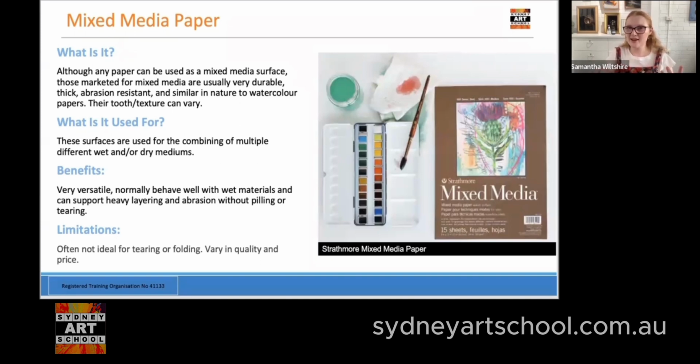The best way to discover which brands are your favorite and work best for your budget is, again, just calculating what you can afford to spend, going through that extensive budgeting process, and then some trial and error and experimentation, visiting the art shop. I prefer going and buying paper in person myself better than purchasing online, because I can really clearly see and even feel sometimes the actual texture of that paper before I go ahead and purchase it. So I can make sure that it's what I'm looking for.